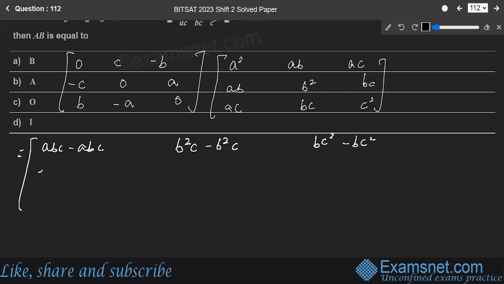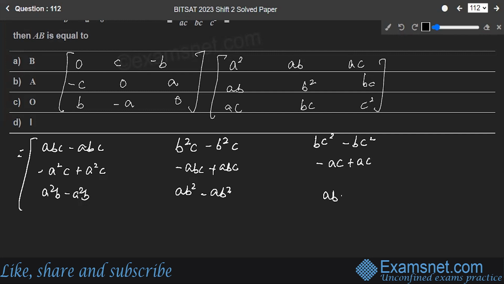Here will be minus a square c plus a square c, a square b minus this. Here will be minus abc plus abc, ab square minus ab square, minus ac plus ac, abc minus abc.